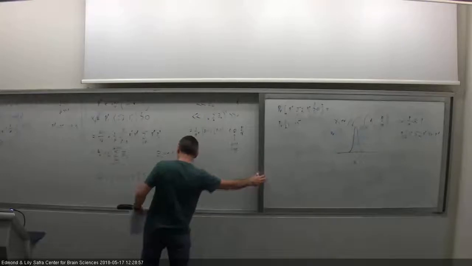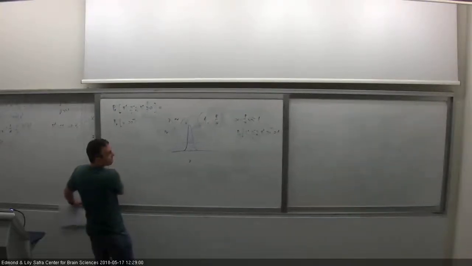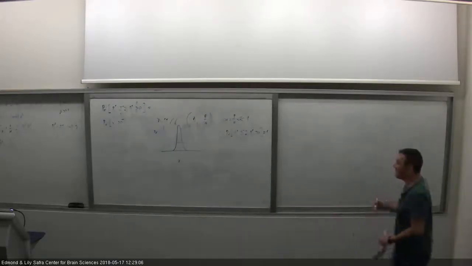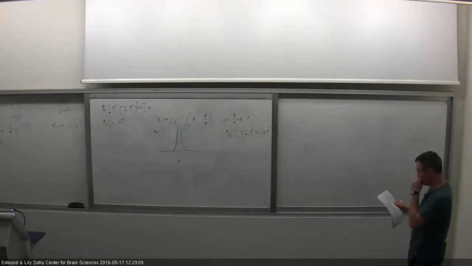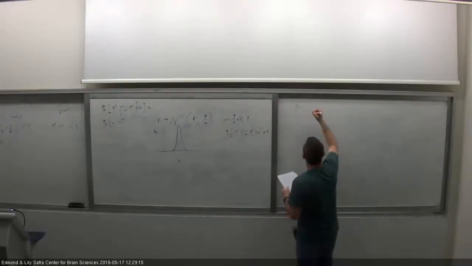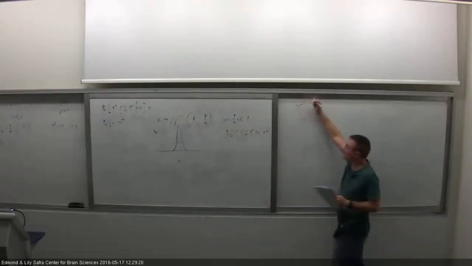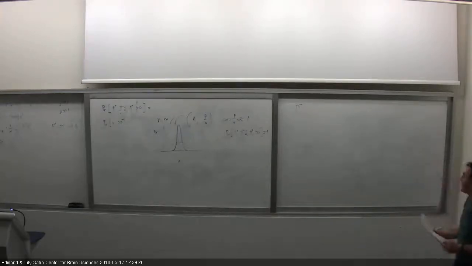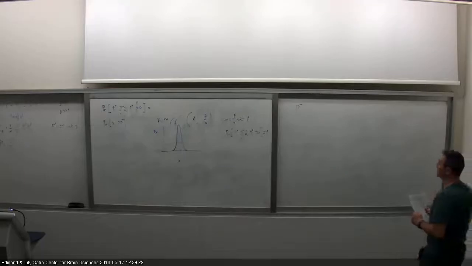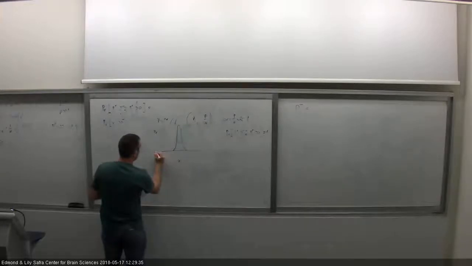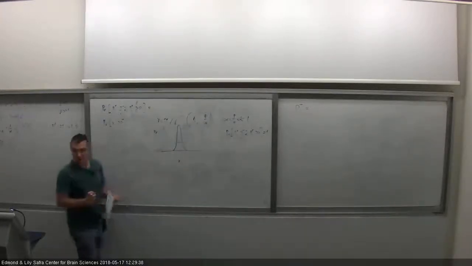So how are we going to do it? The question that we are asking is, what is the probability of a mistake? I'll denote a mistake with a minus, when considering a particular neuron in the network, neuron number i. So what is this probability? We already said that this would be equal to this area under the Gaussian.